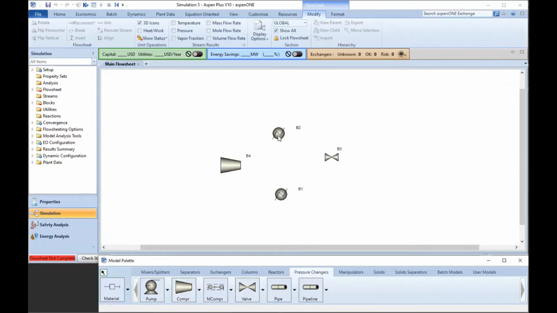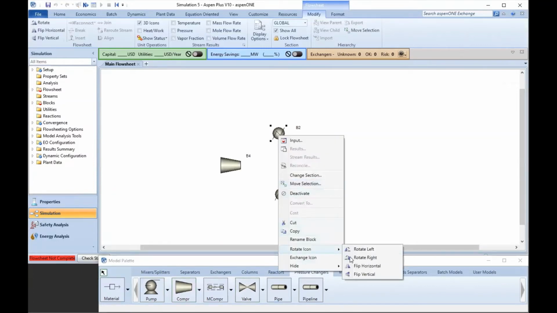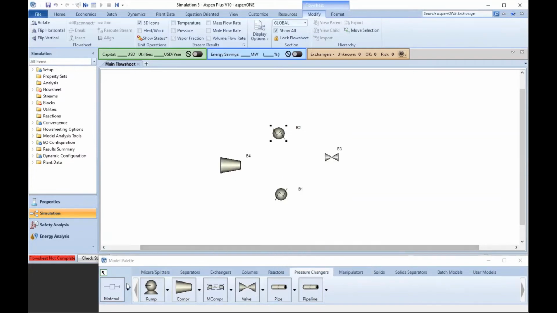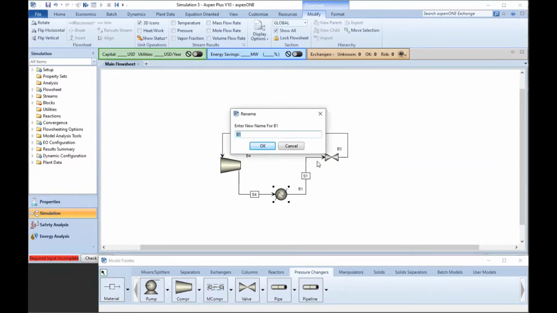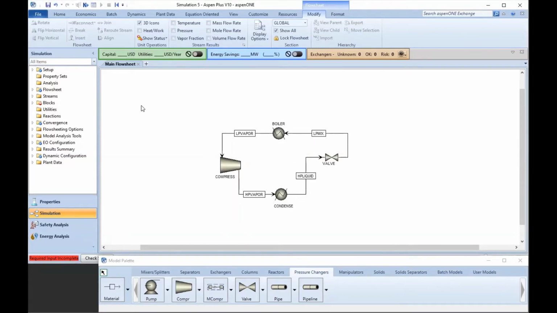And again, we will rotate this top heat exchanger horizontally so that the streams flow in a circle, and then click Material and connect all of the streams. And again, I'm going to rename the blocks. And here's the flowchart completed.